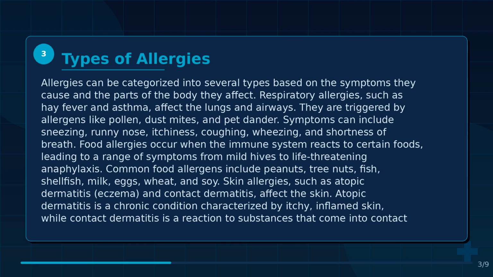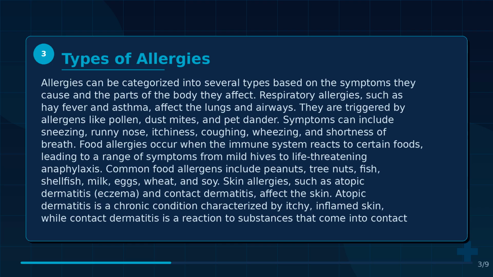Skin allergies, such as atopic dermatitis, eczema, and contact dermatitis, affect the skin. Atopic dermatitis is a chronic condition characterized by itchy, inflamed skin, while contact dermatitis is a reaction to substances that come into contact with the skin, like metals or certain chemicals.